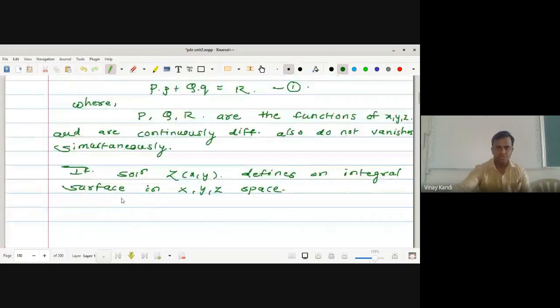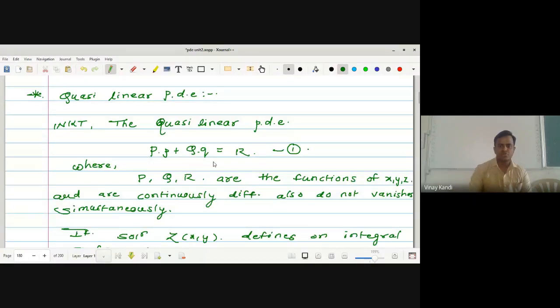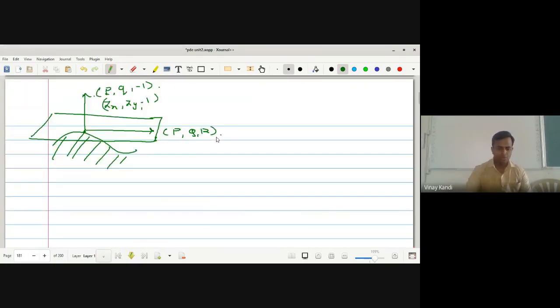We can write the given partial differential equation as the dot product of (P, Q, R) with (p, q, minus 1) equal to 0. The dot product of two vectors being 0 means the two vectors are perpendicular to each other.